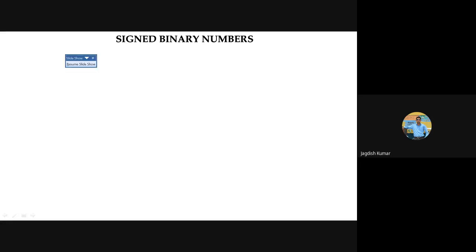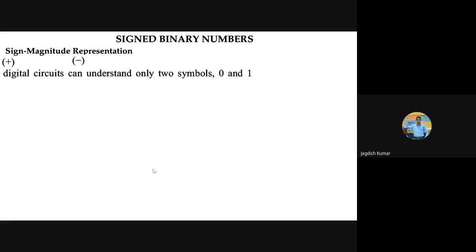Okay, so yesterday we were talking about different types of representations for negative numbers in binary form. So we had seen the idea of sign magnitude representation, where a particular bit is reserved for the sign of the number.